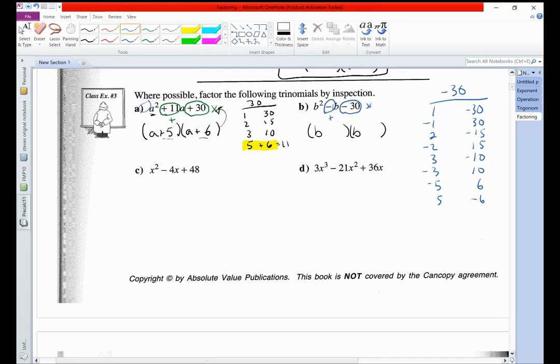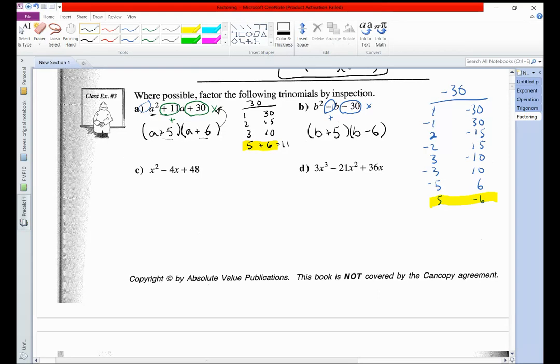So when it's a negative sign, you have to be aware of it. So we're looking for 2 of these that add to make negative 1. So 5 plus negative 6 equals negative 1. So now you can say b plus 5 and b minus 6. And the order doesn't matter, right? If you put b minus 6 times b plus 5, it will give you the same answer.